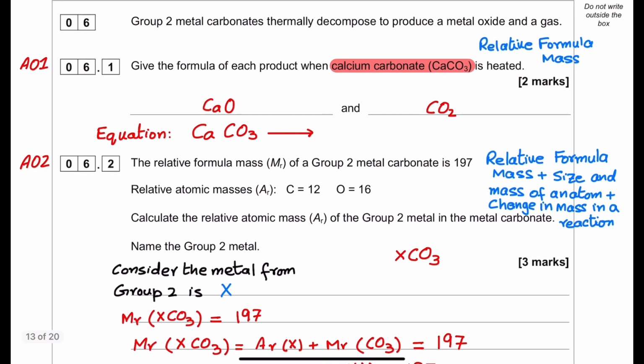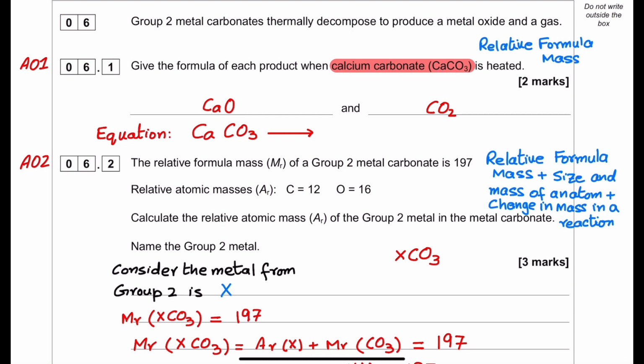The Mr of X carbonate, X is unknown, so we can split it up into the relative atomic mass of X plus Mr of CO3. Even the students can split it up into relative atomic mass of carbon and oxygen, and we know that that is equal to 197.